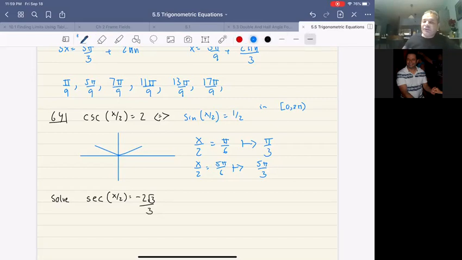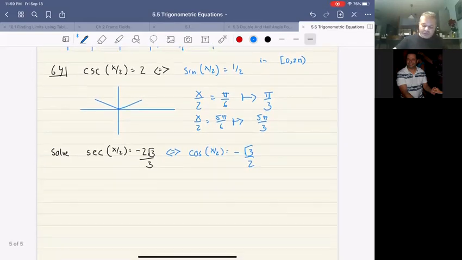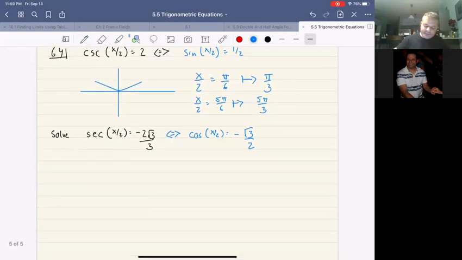Secant is the reciprocal of cosine. So this means the cosine of x over 2 is -√3 over 2. Let me draw the picture so I can solve this.